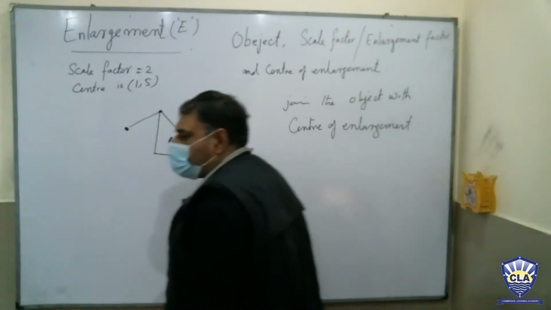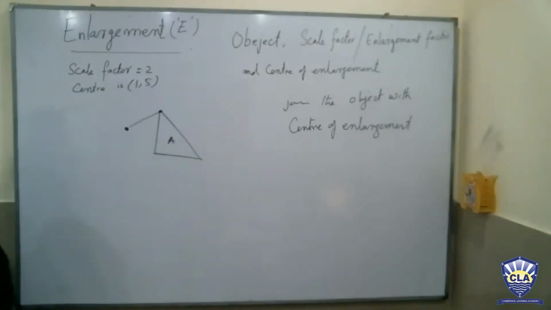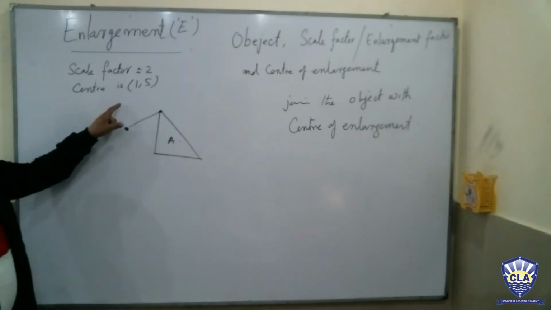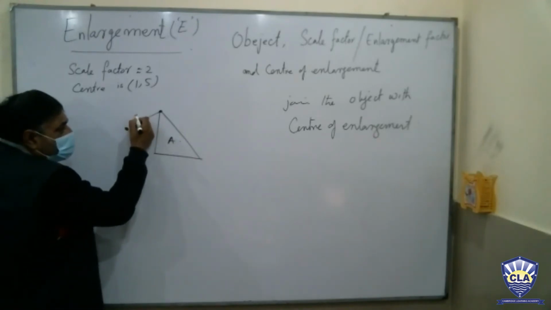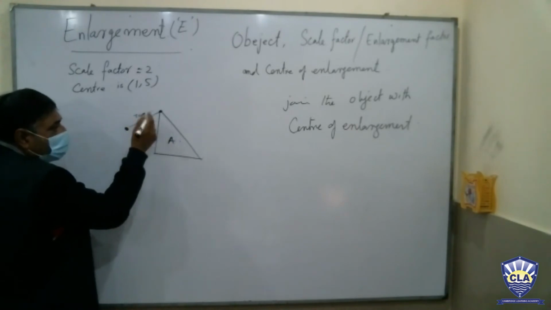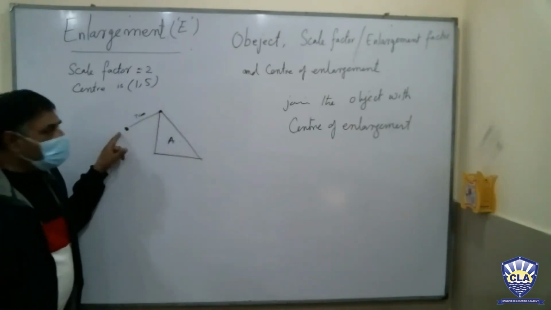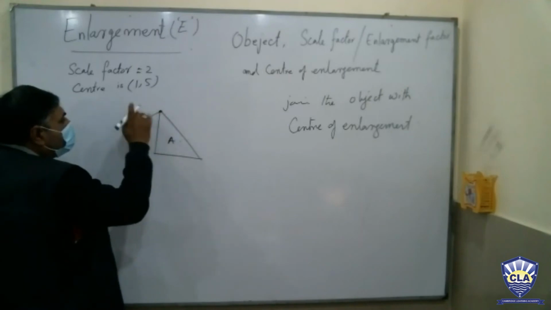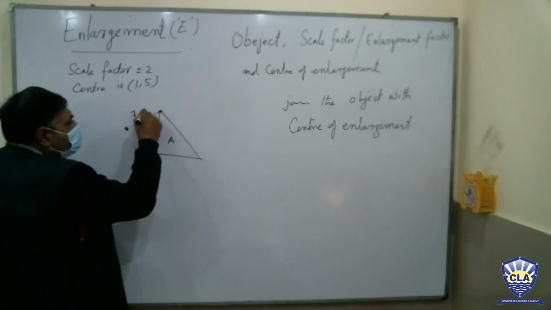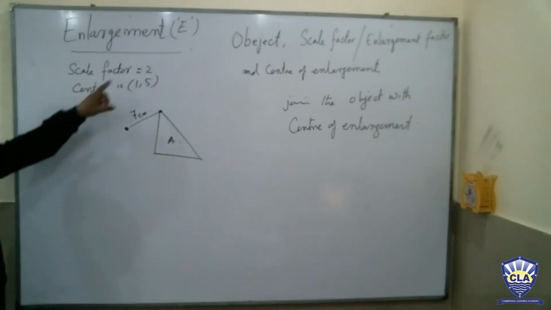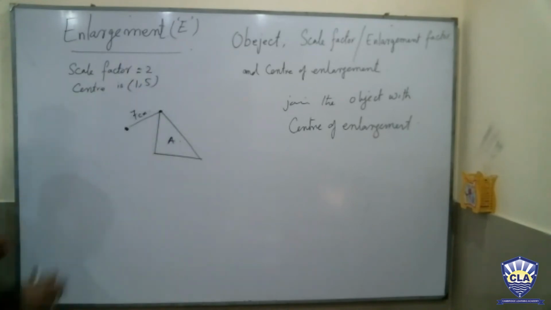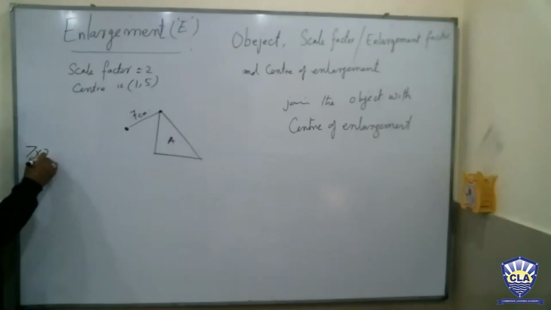Now multiply this distance. Let us suppose it is 7 centimeter. Now what is the scale factor? 2. 7 multiplied by 2 becomes 14.